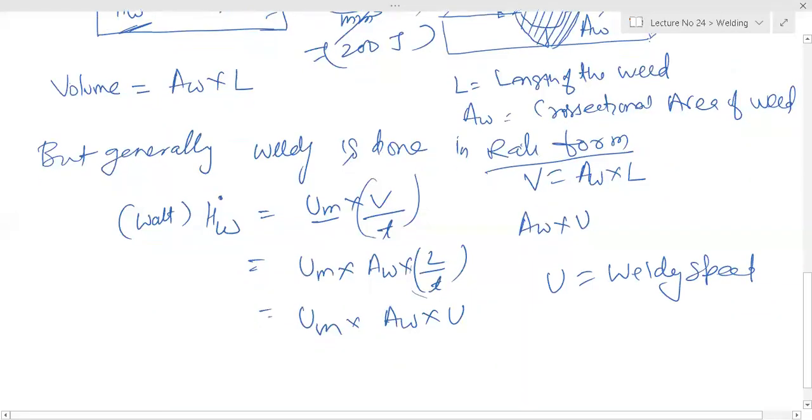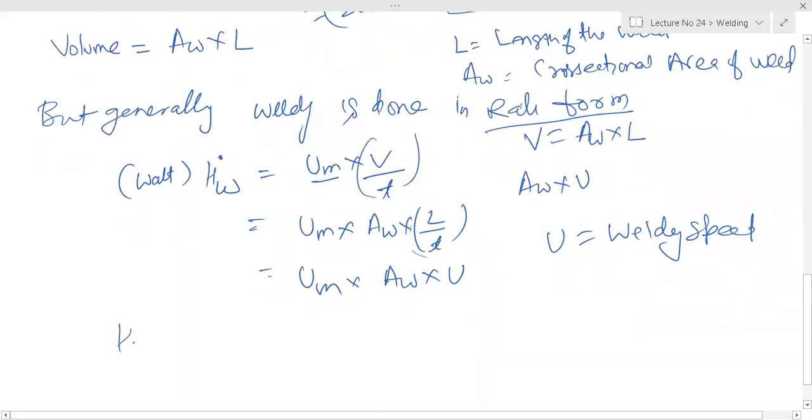So your energy balance equation in rate form will be equal to UM into AW into U.